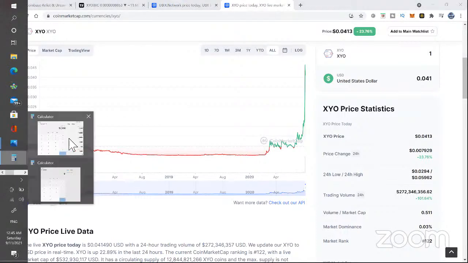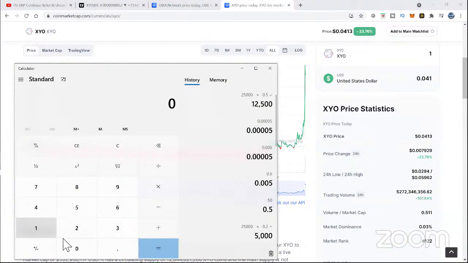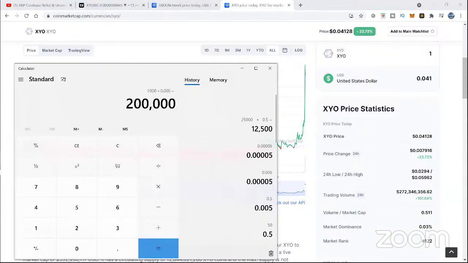Okay, so calculator, $1,000 divided into 0.005, and you are looking at 200,000 shares.